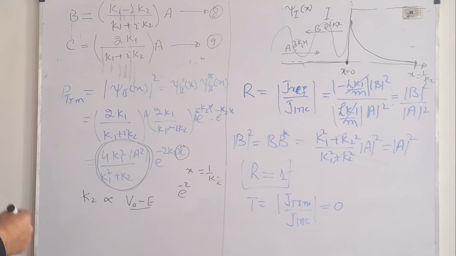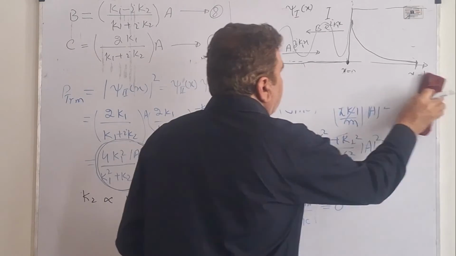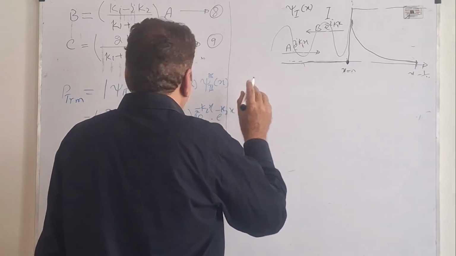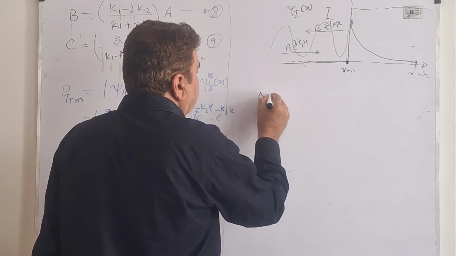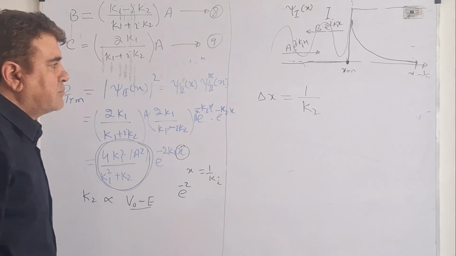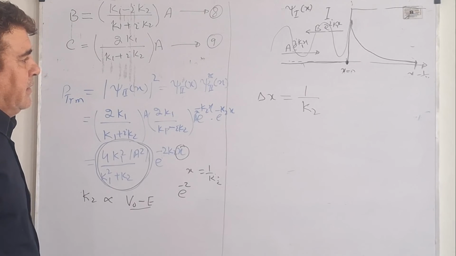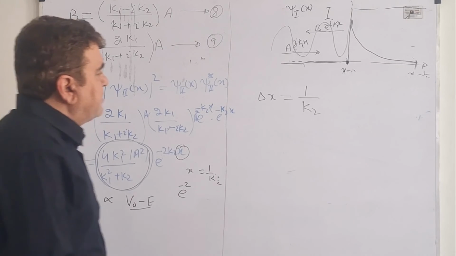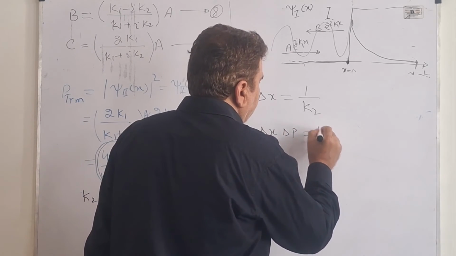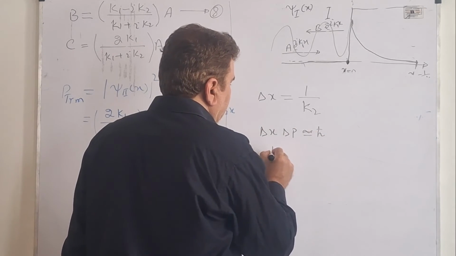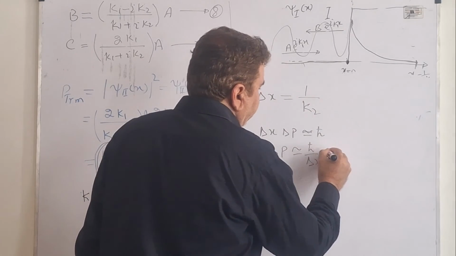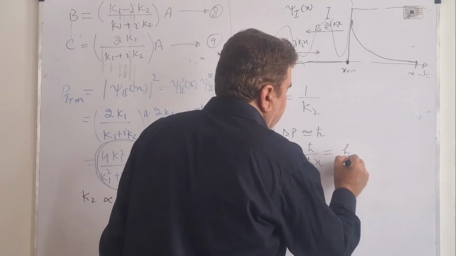If we look at this problem through the uncertainty principle, and I'm writing a result here directly, one can prove that the uncertainty in position can be linked to the inverse of k2. And then the momentum-position uncertainty principle gives us delta p approximately equal to h bar, which allows us to write delta p is of the order of h bar over delta x, and placing that value will give me h bar times k2.